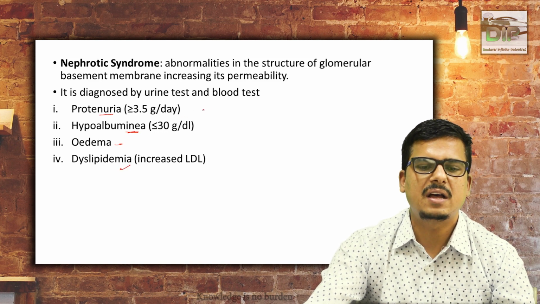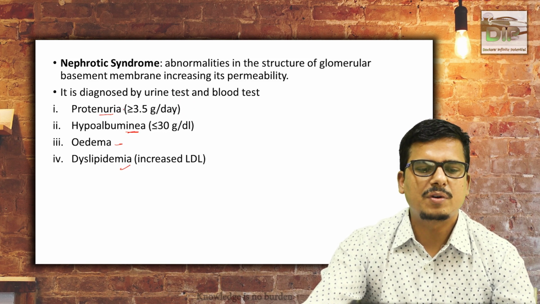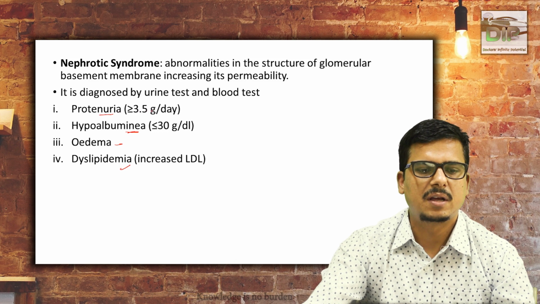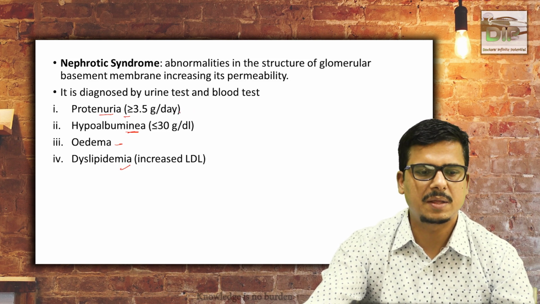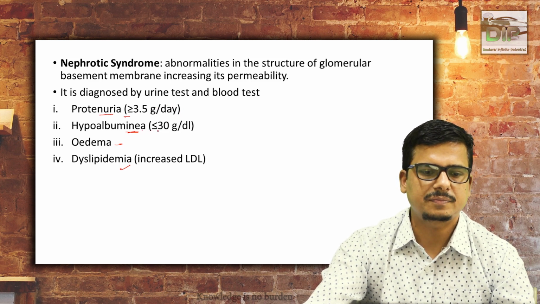Normally the proteins do not pass through the glomerular basement membrane. But if there is a defect in the basement membrane, the protein passes through it, and we can detect the protein in the urine. That is called proteinuria. Due to the proteinuria, the level of albumin in the blood will be less.